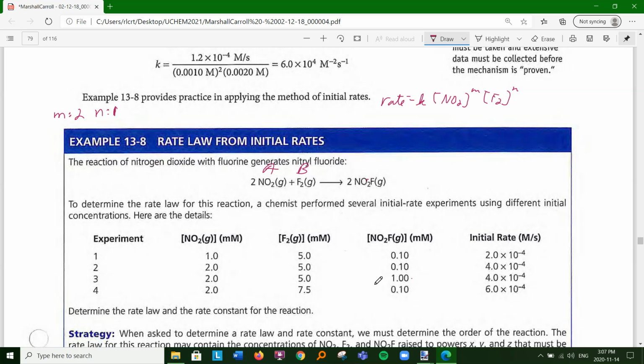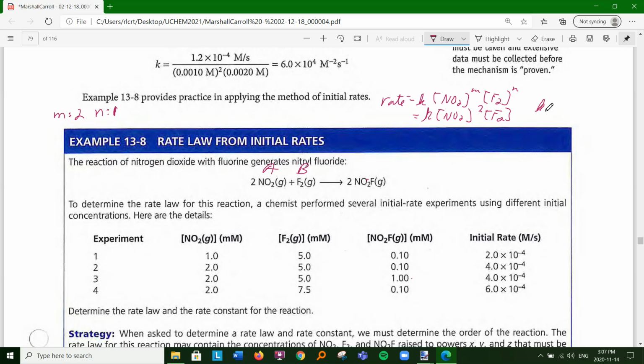But anyways, it falls out of the game. It's 0 order. So you just get the rate is K times NO2 squared times F2. It's 0 order with respect to NO2F. It is 3rd order overall, 2nd order with respect to NO2, 1st order with respect to F2.